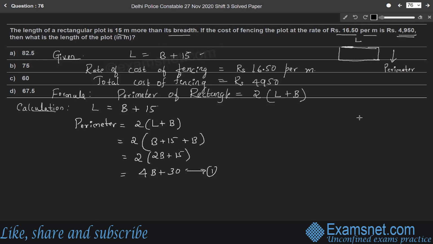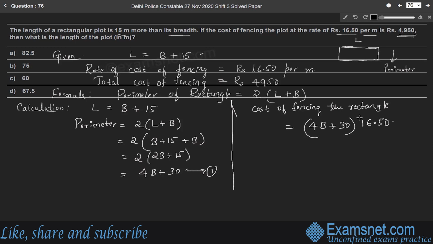So the next part, cost of fencing the perimeter of the rectangle is equal to, according to equation 1, perimeter is 4B plus 30 into per meter cost is 16.50 rupees, right?